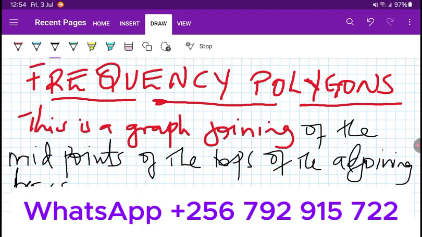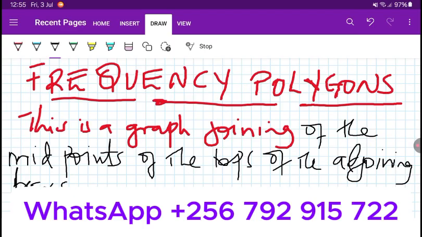We use lines that connect points plotted for the frequencies at the different midpoints of the different classes. So the frequencies are represented by the heights of these midpoints that we have.